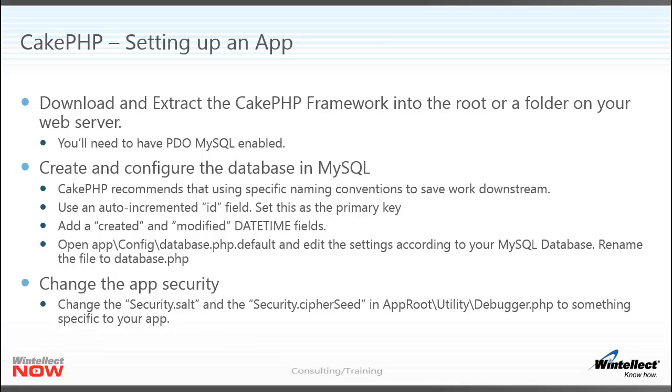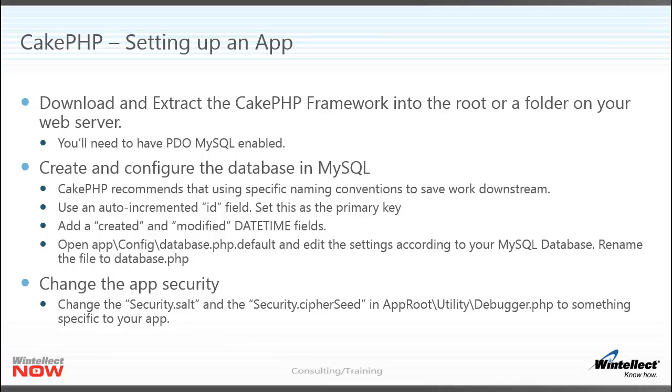Second, you want to configure your database in MySQL before proceeding in Cake PHP as well. And Cake PHP has some naming conventions that they recommend you use to save work downstream. A lot of the automation is built around how you name columns and create tables inside of your database.